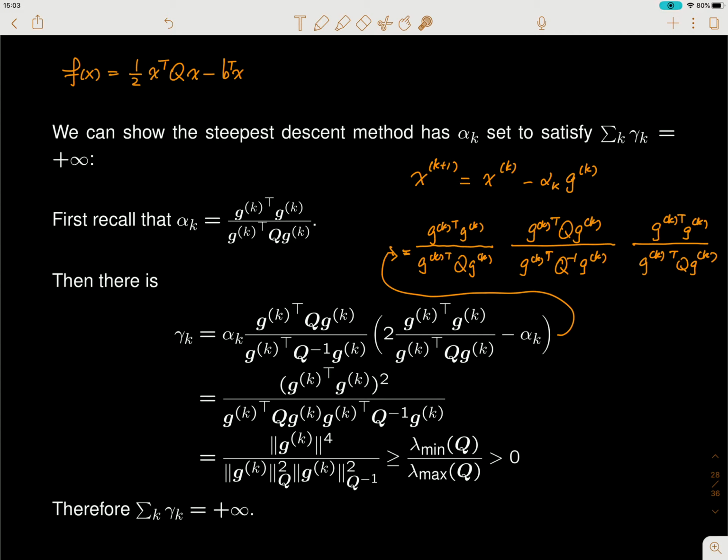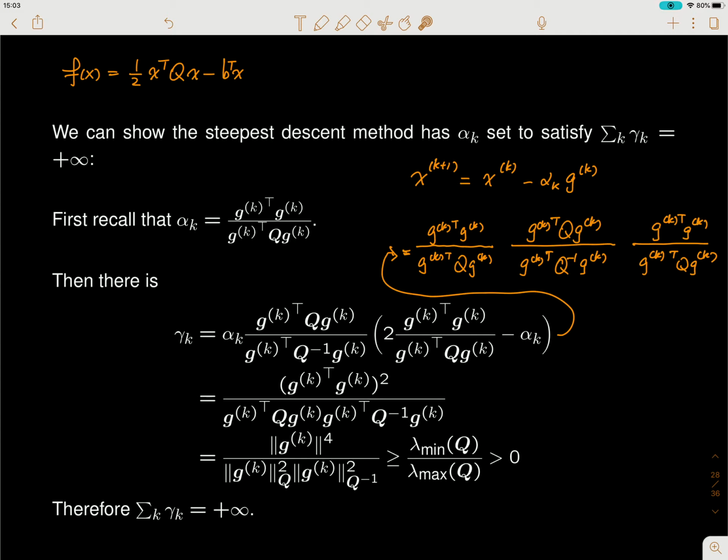This should be equal to the lambda min of Q, right? This is the result we showed earlier. So the two here together give us the squared minimum eigenvalue of Q. And I'm just copying everything in the parentheses back in here.